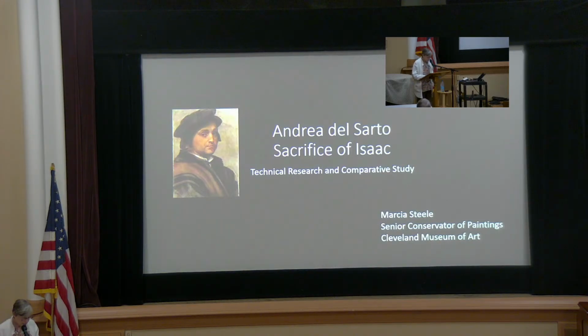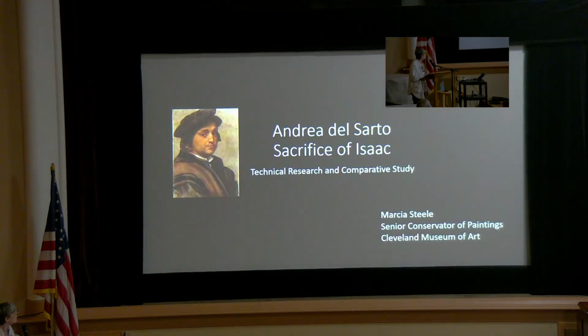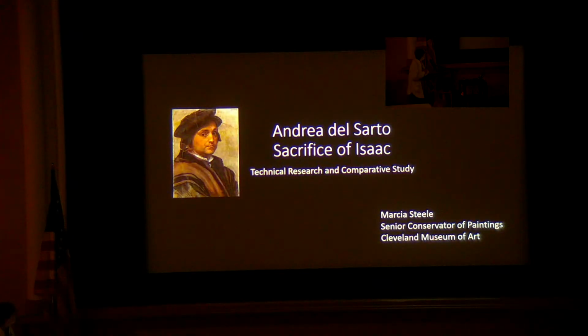So I'm going to talk today about Andrea del Sarto's three versions of the Sacrifice of Isaac. And this is a picture of Andrea del Sarto when he was about 30 years old, painted in the same year as he did the Sacrifice of Isaac paintings. He was a student of Piero di Cosimo. Vasari was one of his students.